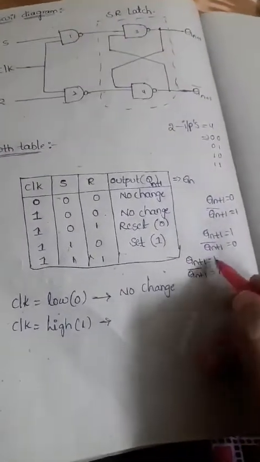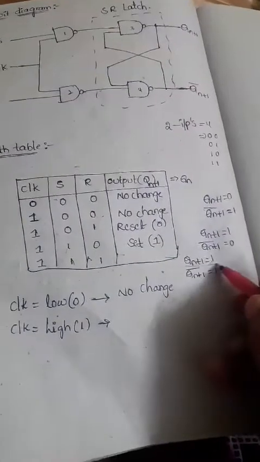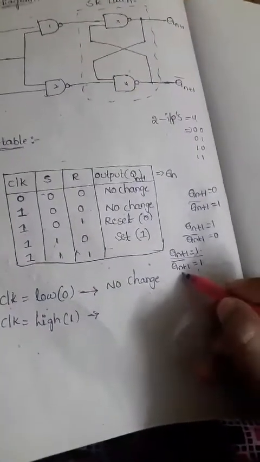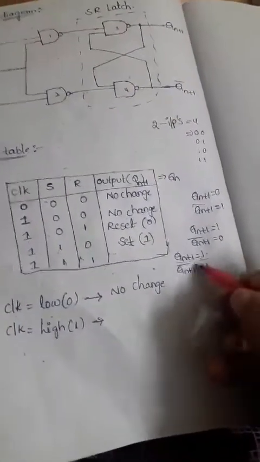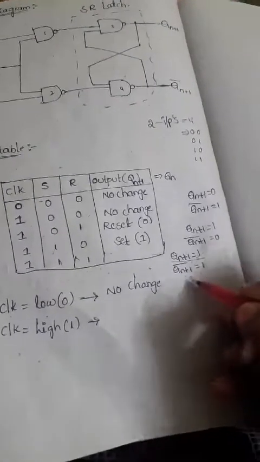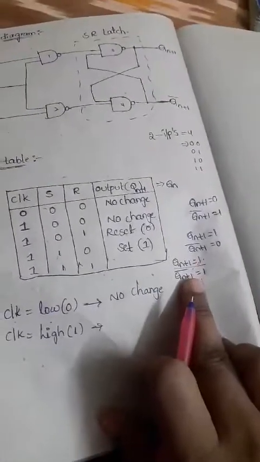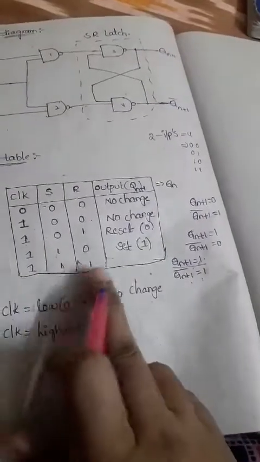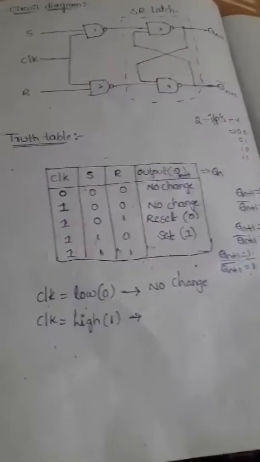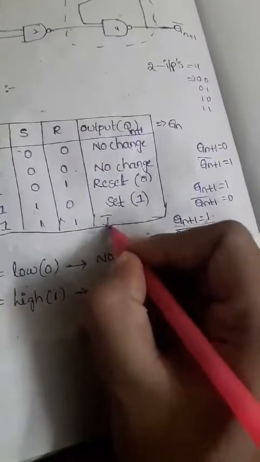That is not correct. If the normal output is 1, the complement output must be the opposite of that, right? But here the condition is not satisfied. With both inputs at 1, the flip-flop enters into the 1 output, so this condition is not satisfied for normal output and complement output. So we can say that this case is an invalid case.